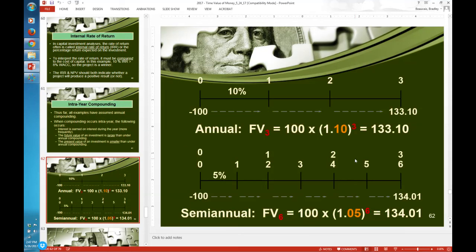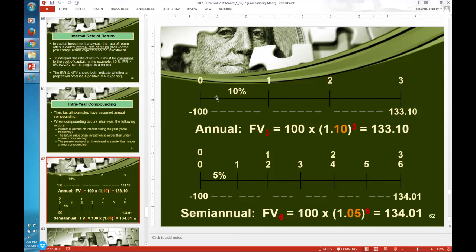Okay, so if we were to convert something from an annual basis to a semi-annual basis, all we have to do is take our future value at 3 years, at 10%. Our normal calculations here, that 3 becomes a 6 because we actually have 6 periods now going across this timeline. So in order to adjust that future value to 6 periods, of course we've got 6 up here for our N if we're doing our manual calculation.